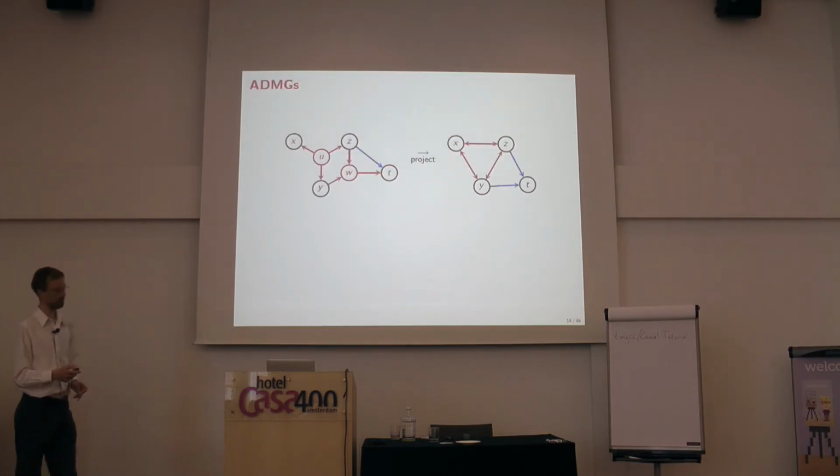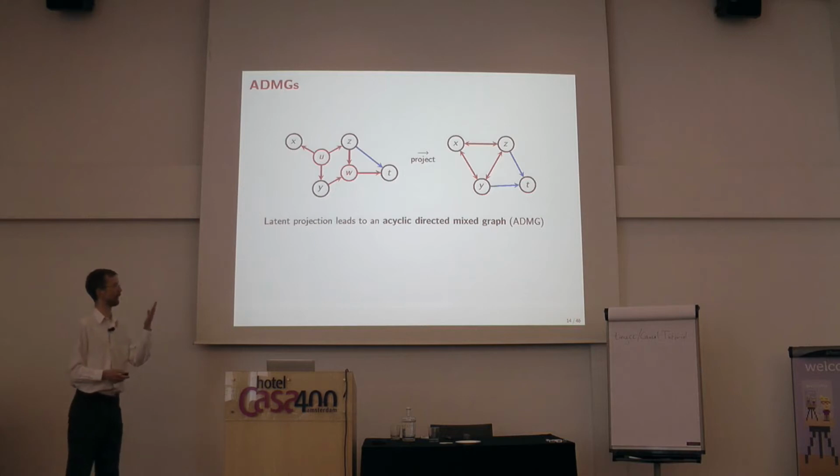For example, if this is my DAG, I've got two latent variables, u and w. When I do the projection, I'll end up with a directed edge from y to t due to this path, a directed edge from z to t due to this path, and I've already got a directed edge here. Then I'll end up with bidirected edges between x and y, x and z, and y and z.